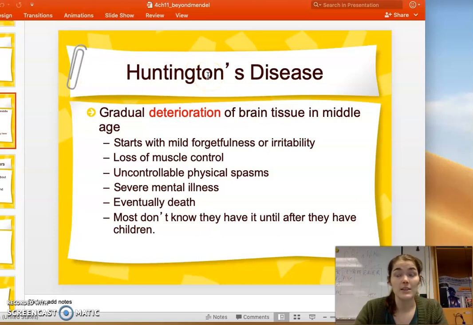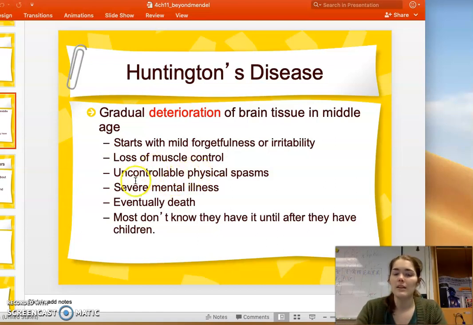Huntington's disease. This one's really unfortunate. It's a gradual deterioration or breaking down of brain tissue in middle age. When you get Huntington's, you're normally only about 40. It starts with mild forgetfulness or irritability. Then you notice muscle control issues, fine motor skill issues. You will have tremors.